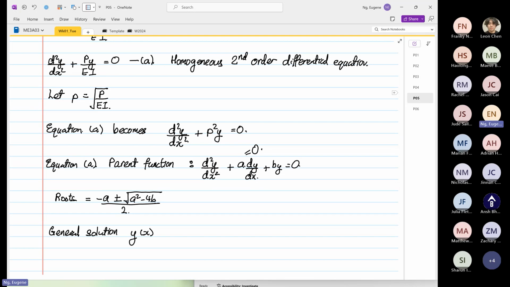So this will be equal to e to the minus ax over 2, bracket c1 sine of the square root of a squared minus 4b divided by 2, x, plus c2 cos of the square root of a squared minus 4b divided by 2, and then the whole thing x again. And that is the general solution.